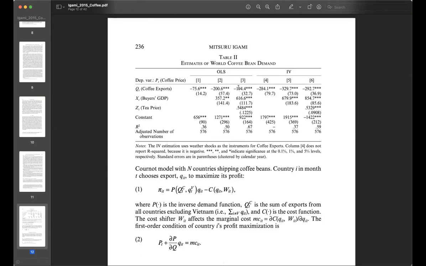So here you have estimates of the world coffee bean demand. What are these numbers here? Just to make sure everyone gets it. In the first row of table 2, this is the coefficient of quantity of coffee exports. They are estimating the inverse demand. The dependent variable is price as a function of quantity.